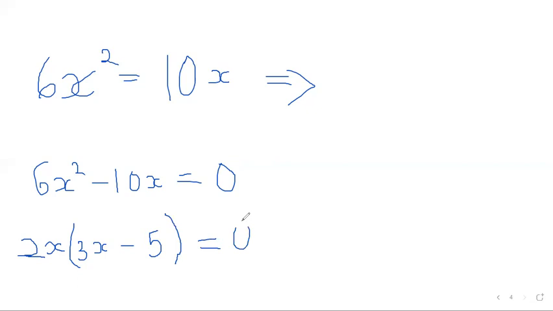And everything is 0. So this means, just like the last one, that 2x is equal to 0. And 3x minus 5 is also 0. That makes sense?